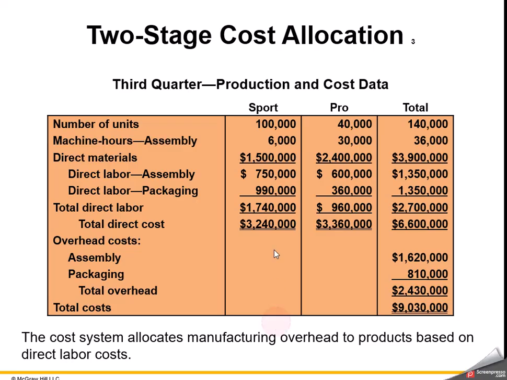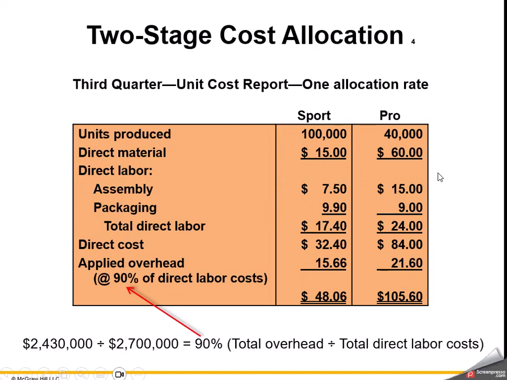So then here we've got the detail between two different products, Sport and Pro. We've got our direct labor and our direct materials all mapped out. And then we have overhead costs, assembly, and packaging that we would need to then allocate.